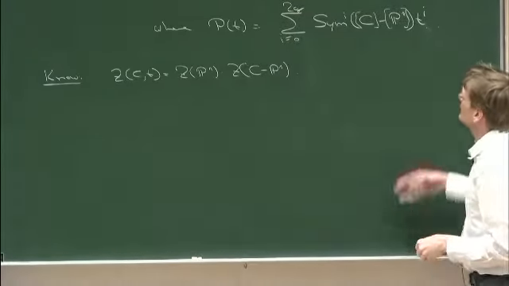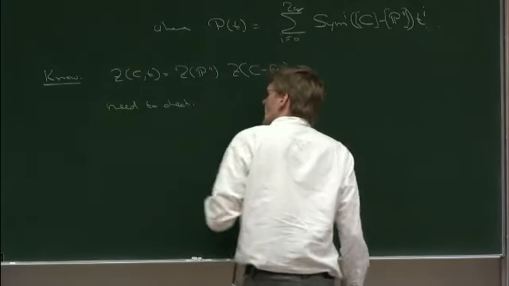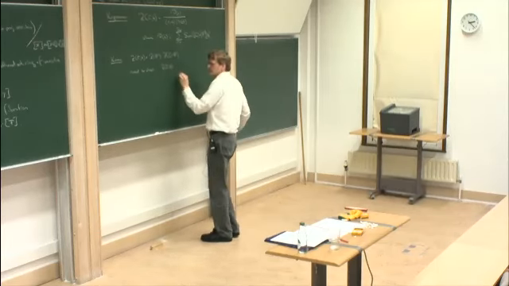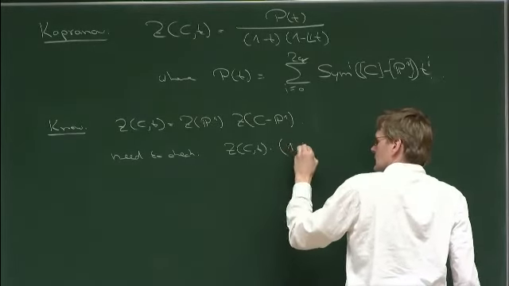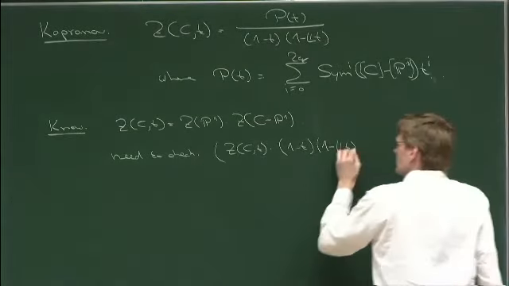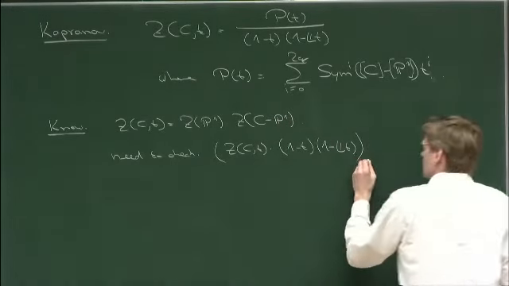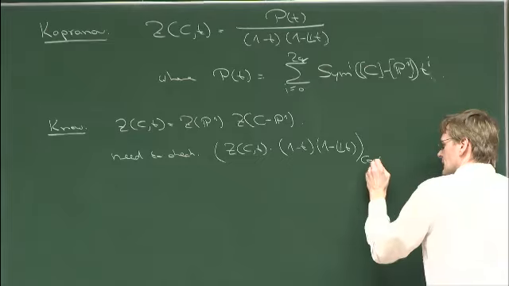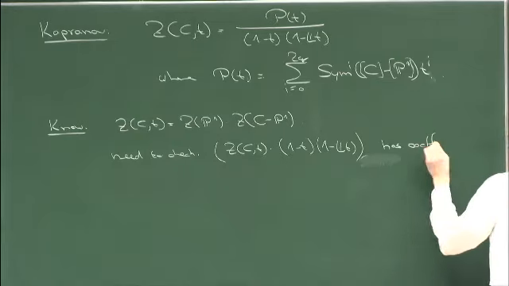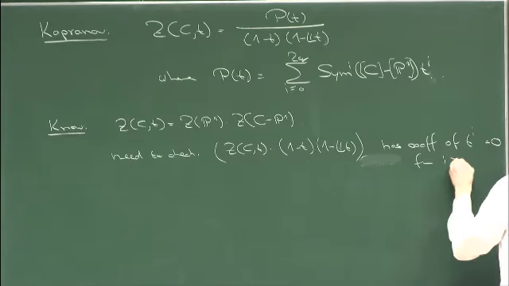So the only thing you need to check is that if you take the zeta function of the curve and multiply it by the denominator, then you will get a power series, and the coefficients of t to the i are equal to 0 for i bigger than 2g.